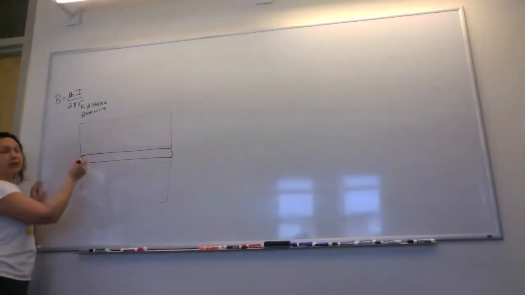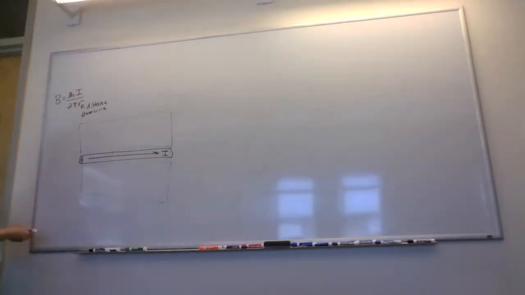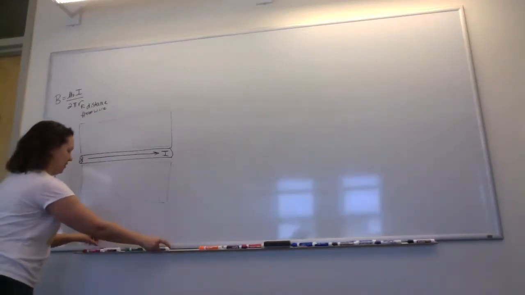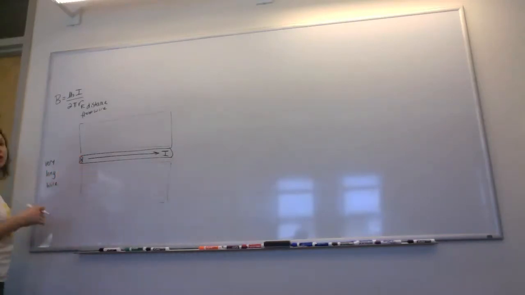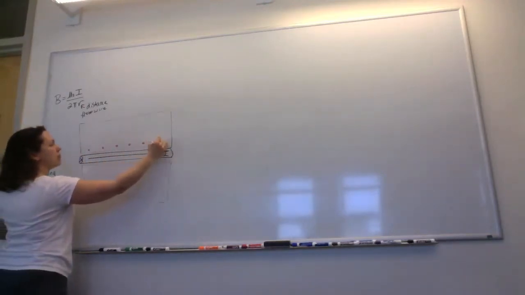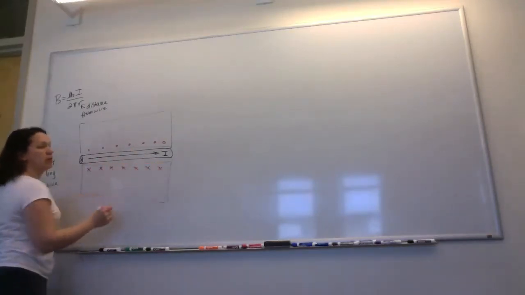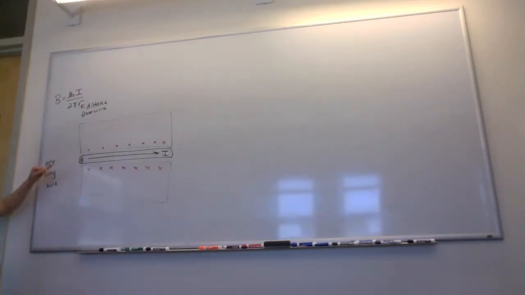Kind of visualize the magnetic field. And this is also a very long wire. So above the wire, the field is coming out. Below the wire, the field is coming in.